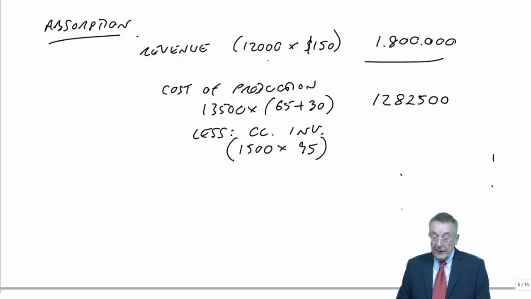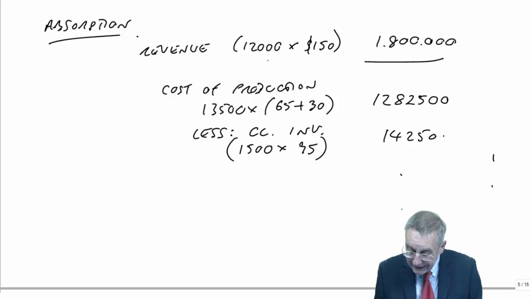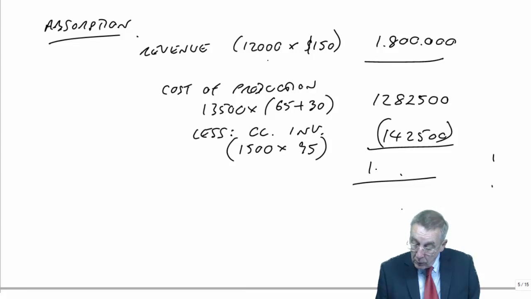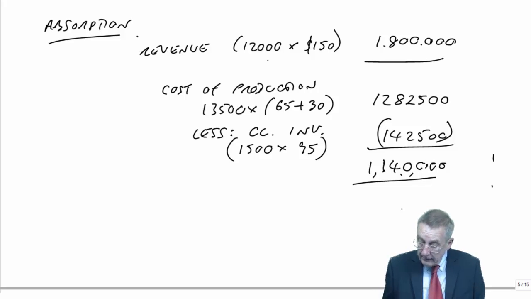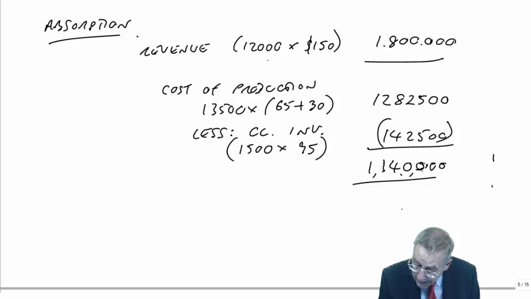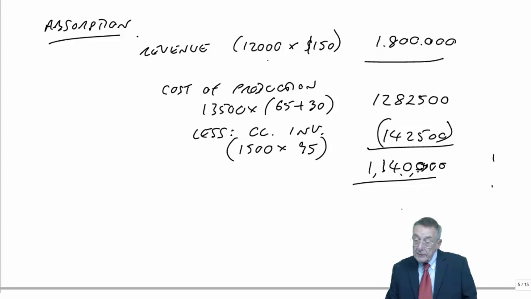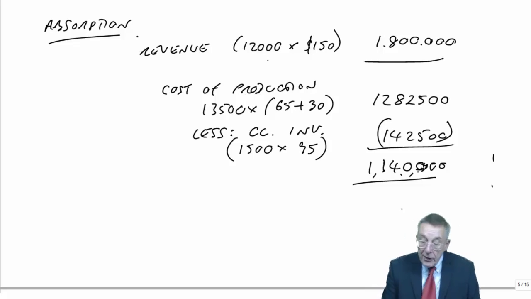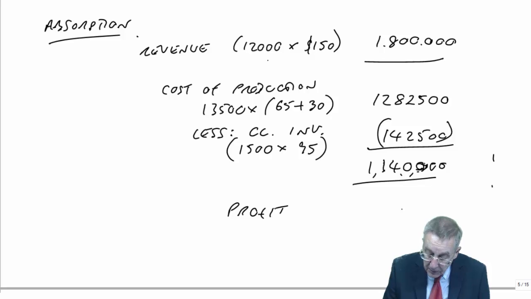Therefore closing inventory is 142,500, and therefore a cost of sales of 1,140,000. I think that's right. Is that right? Yes, that is correct. So there's the cost of sales.